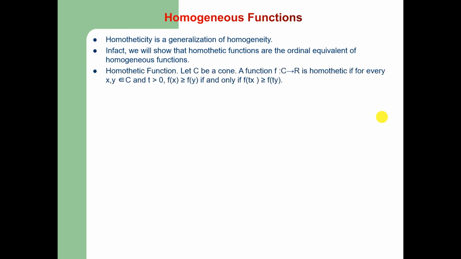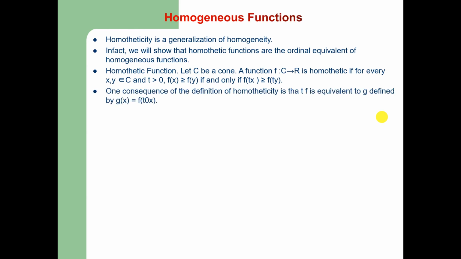Homothetic function definition mathematically can be explained as follows. Let C be a cone. A function f in the domain C is a real valued function, and it is homothetic if for every x, y elements of C and t greater than 0, f of x is at least as good as f of y if and only if f of tx is greater than or equal to f of ty.